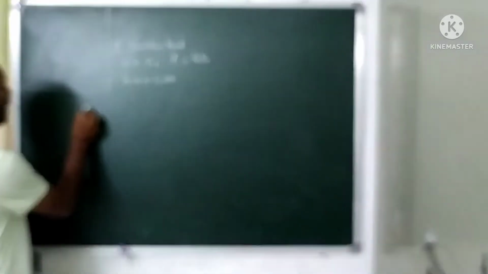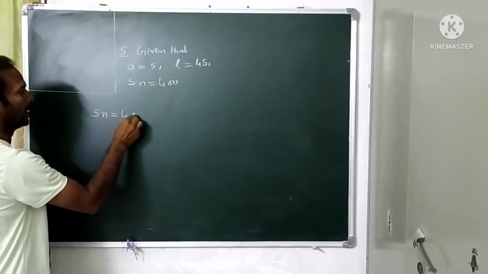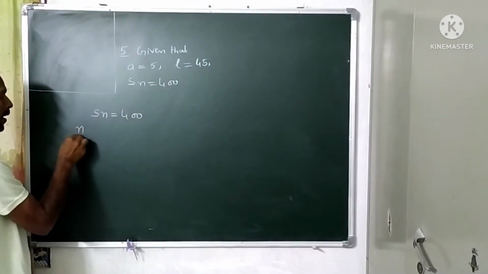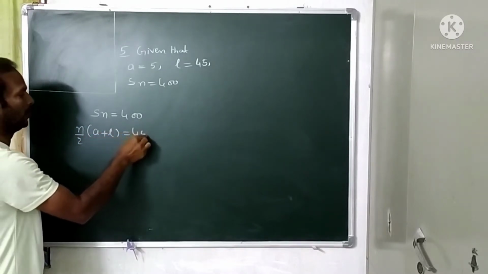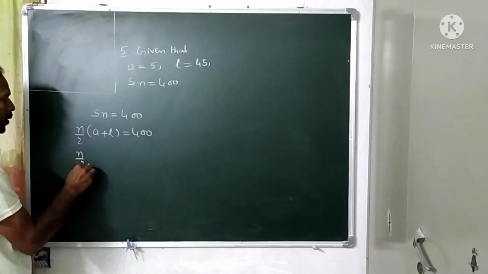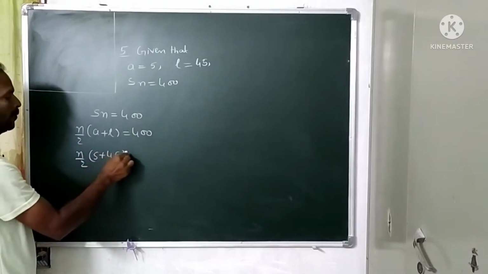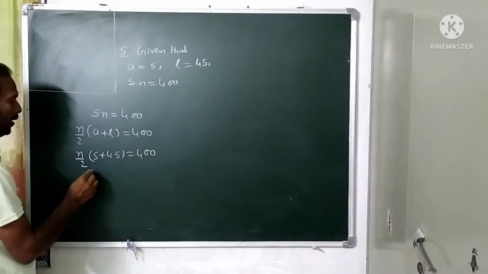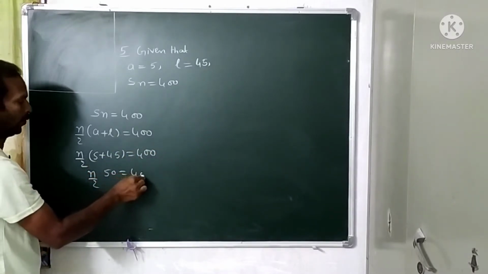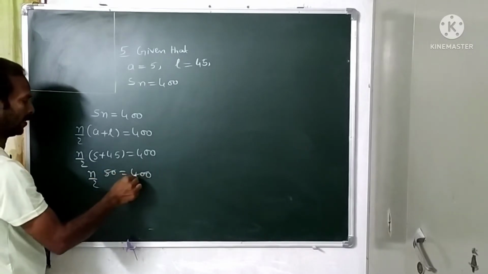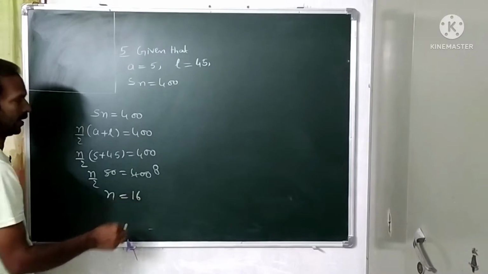For that, Sn formula. Sn given is 400. Sn formula: n by 2 into a plus l is equal to 400. So n by 2 into a value 5 plus l value 45 is equal to 400. n by 2 into 50 equals 400. 50 cancel, 8 times, then n is equal to 16.